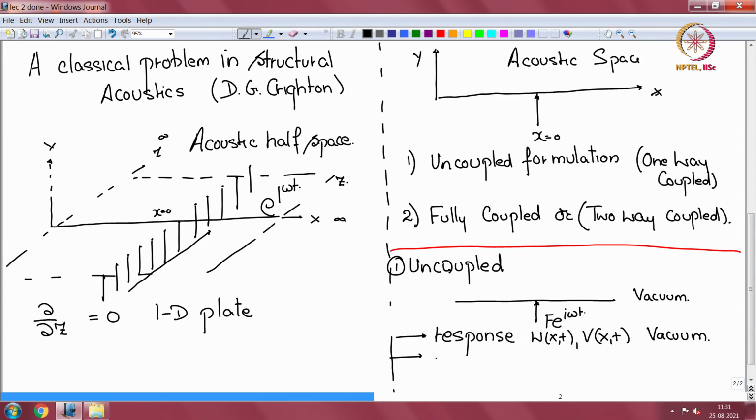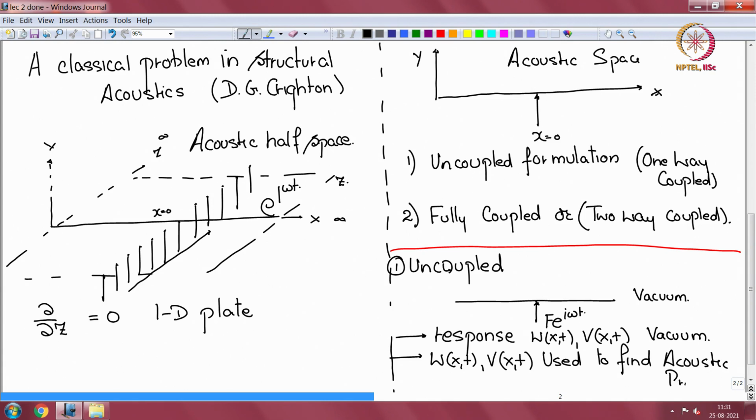Then the response is used to find the acoustic pressures. That is, now the medium is brought in.